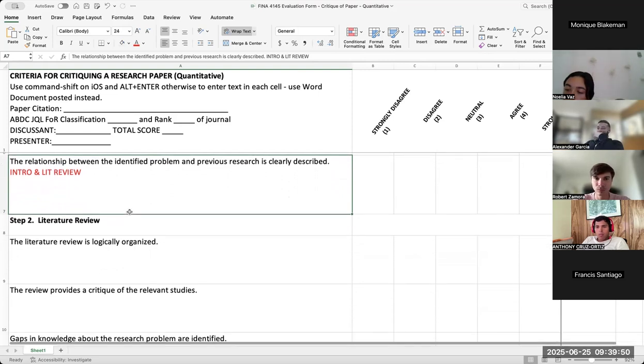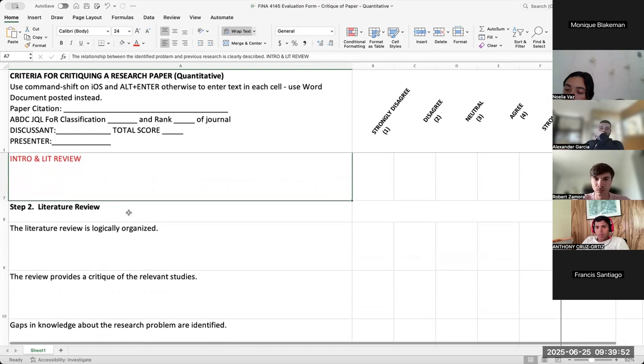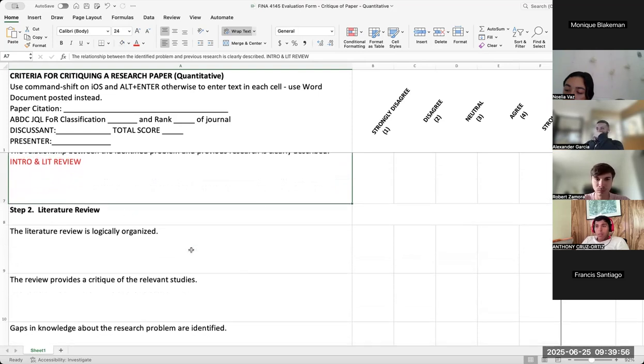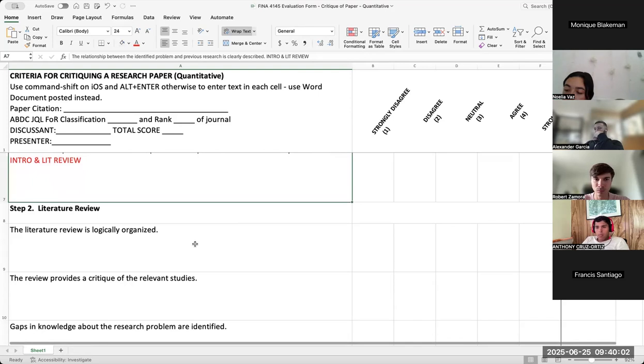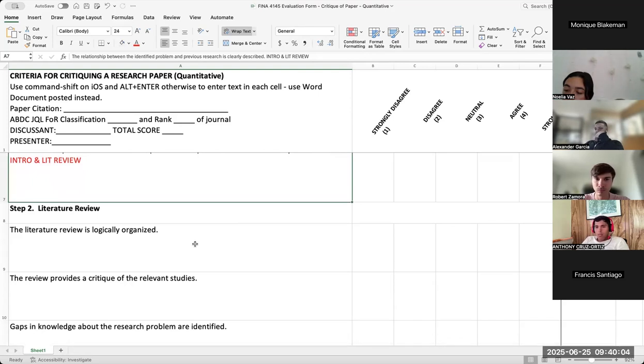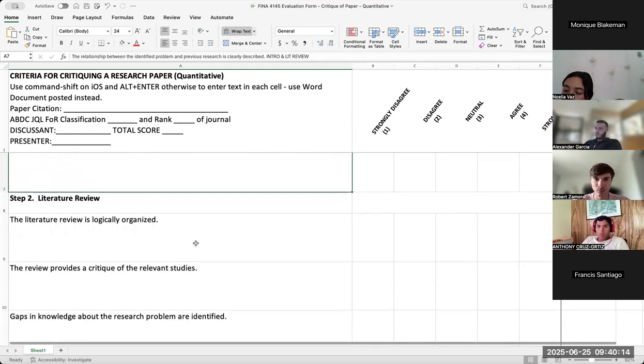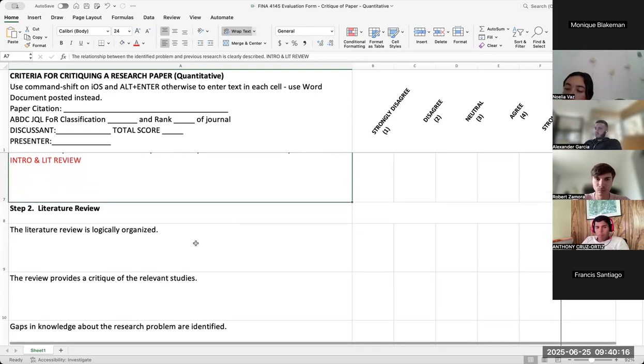Just take an article that you like among the ones that you're trying to understand and read the intro and the lit review and see the difference. The intro is more of a storytelling, and you might have references in there, but the lit review is where you go much more in detail and overview what's been done before and what they found, combining all the papers together, the pattern.